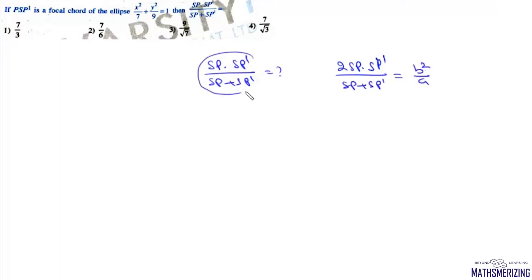So this value, SP into SP dash upon SP plus SP dash, is equal to b square upon 2a. Now what is the value of b square? b square is 7, and then 2a is simply 6. So this value is equal to 7 by 6, and that's your option number 2.